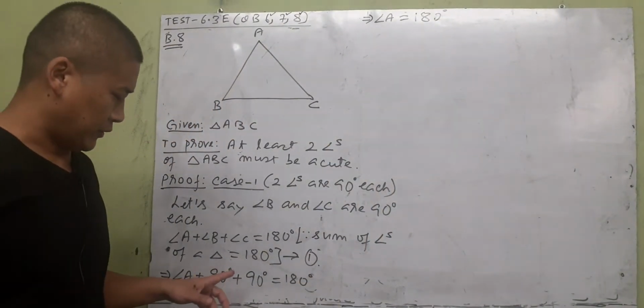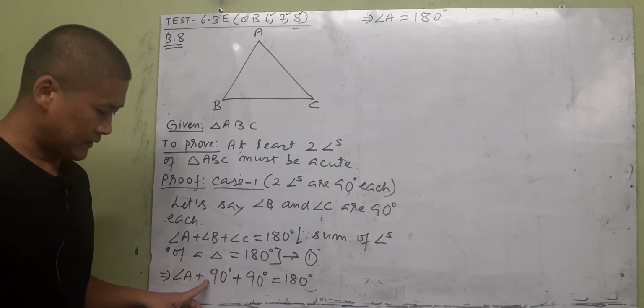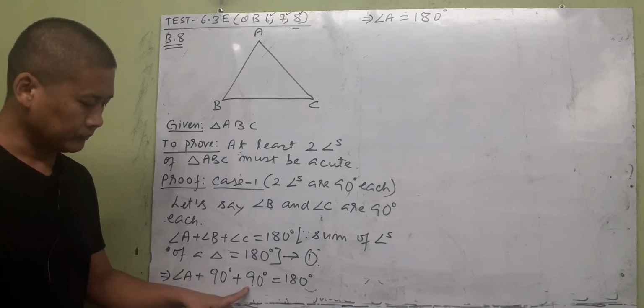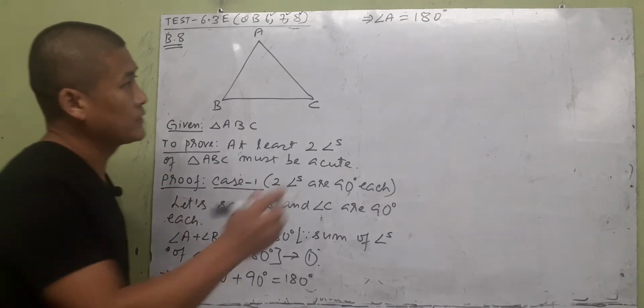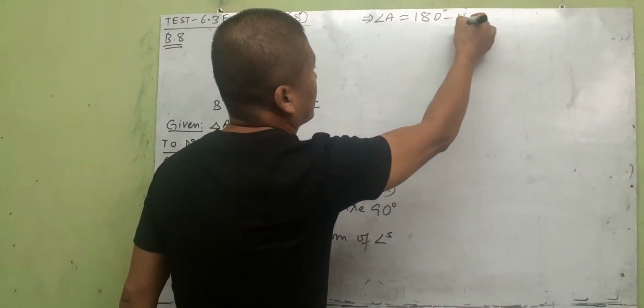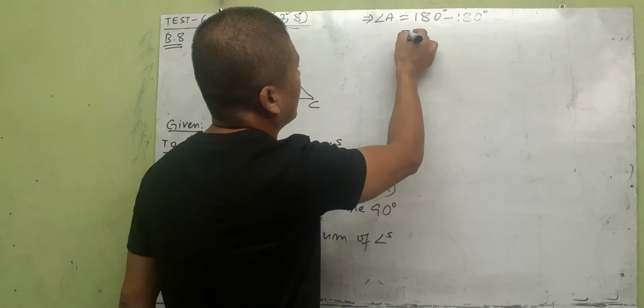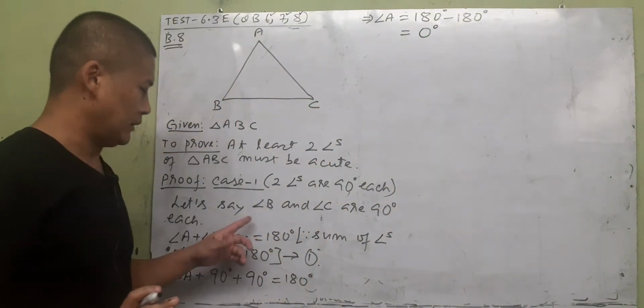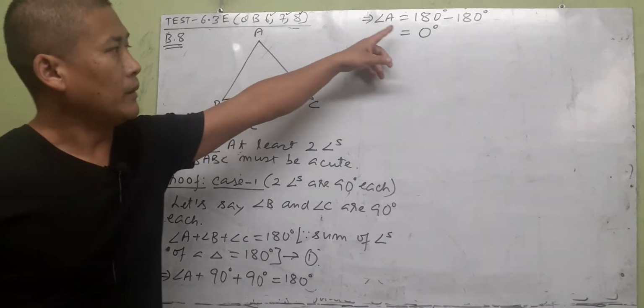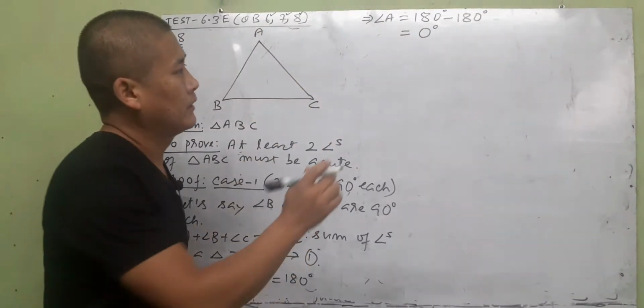If that is so, then as we continue, angle A will be 180 degree, just shortening the step, which is okay if you understand. Plus 90, plus 90, so 180. You shift that side, becomes minus 180 degree. So if B and C are 90, then we are getting that angle A must be equal to 0, right?